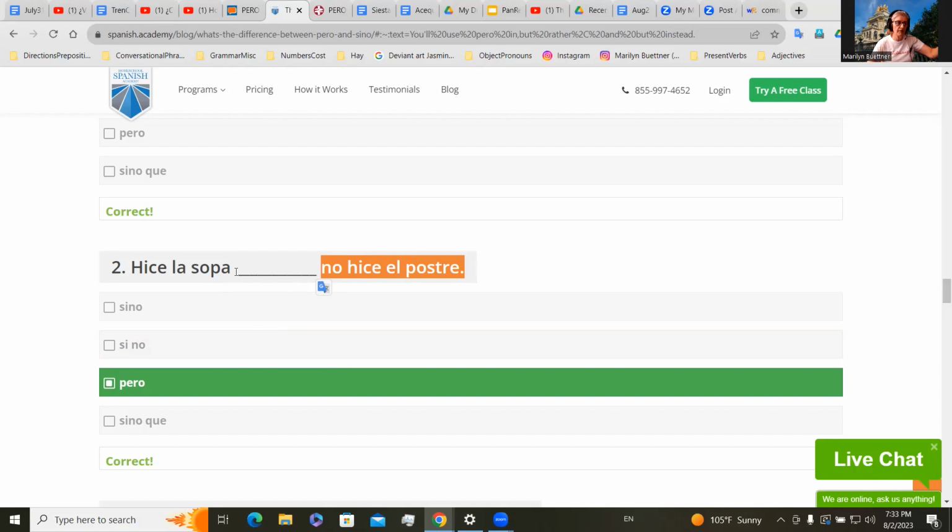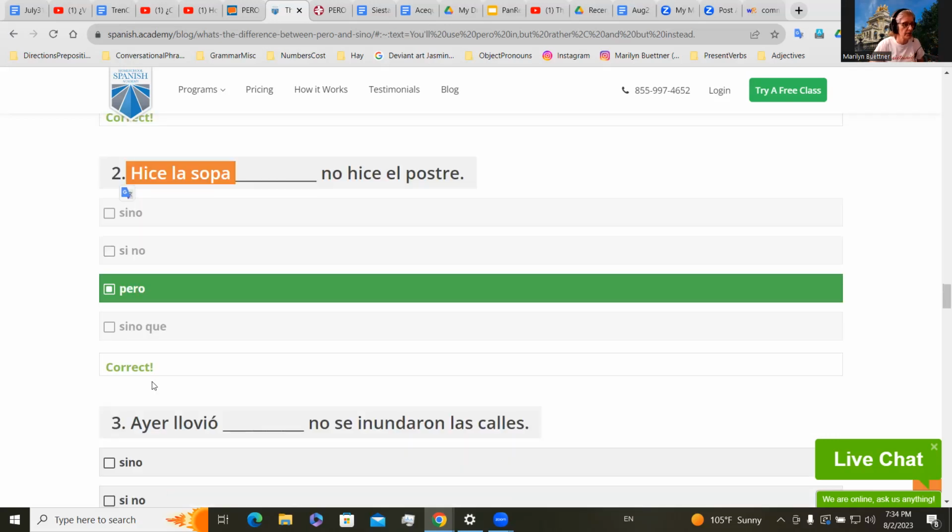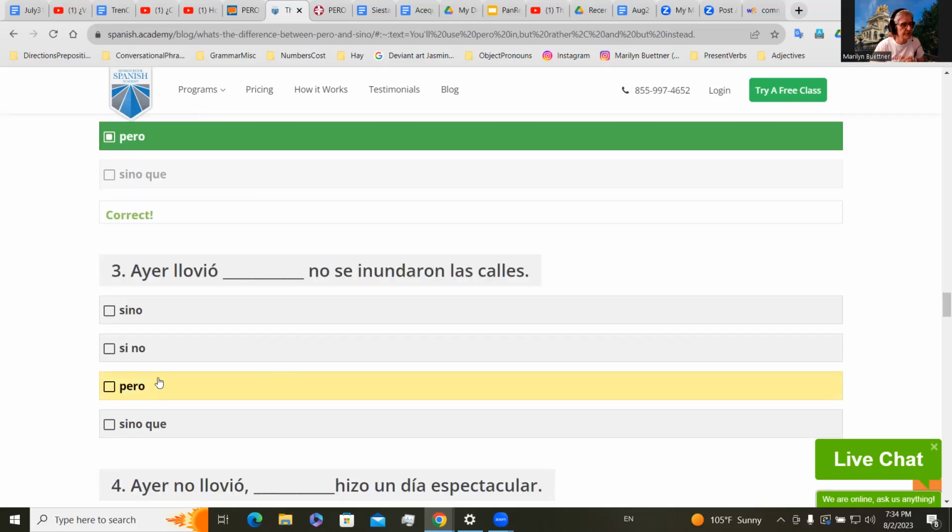But see, we're starting off with a supposition that is valid, correct. You're right on that count. Hice la sopa. I made the soup, but I didn't make the dessert. Okay. This one's a little more challenging. Ayer llovió. Yesterday it rained.